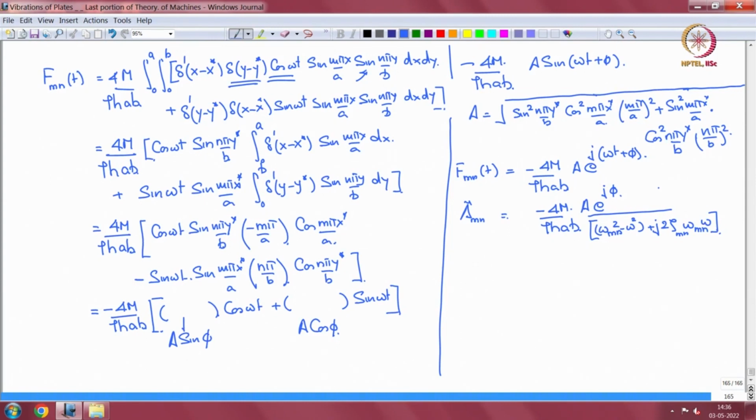Okay, then what? Then I have eta mn. Okay, so eta mn now is gamma tilde mn e to the power j omega t. Okay, so that is minus 4m by rho h ab A e to the power of j omega t plus phi divided by this frequency term.